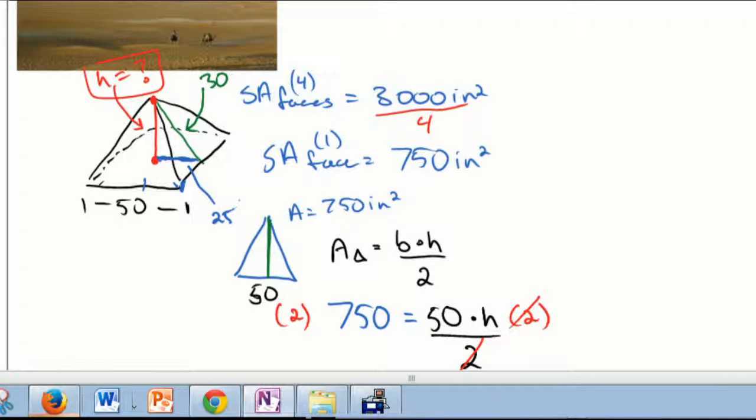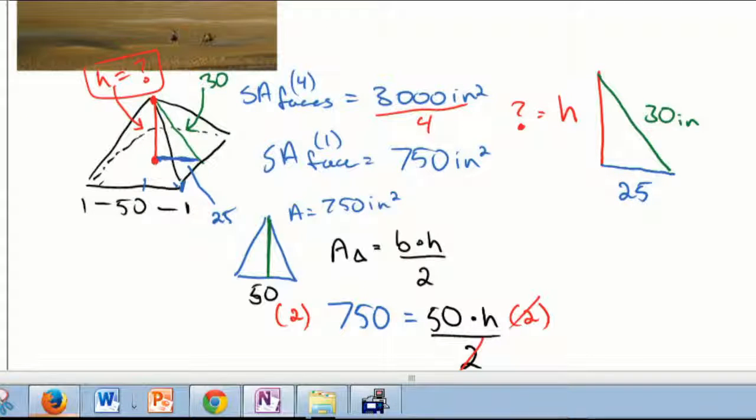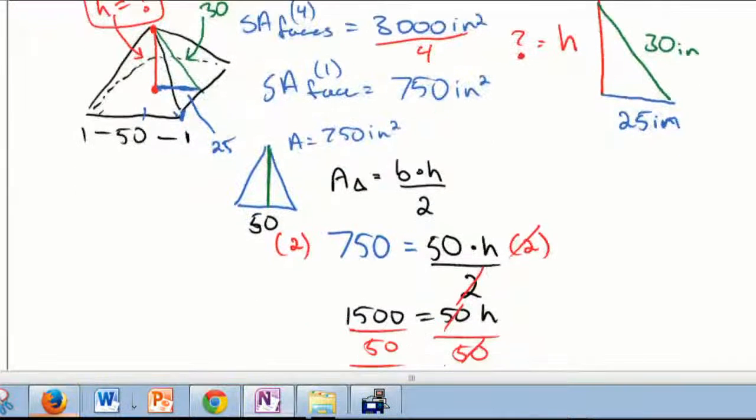So maybe I'll just redraw this triangle over on the side here. So I'm trying to find the red line, h. That's what I'm looking for. I just found out that the face, the slant height, was 30 inches. And I know from my diagram here that the blue base is 25. So again, just a Pythagorean theorem question for the second time to figure out what that h is.